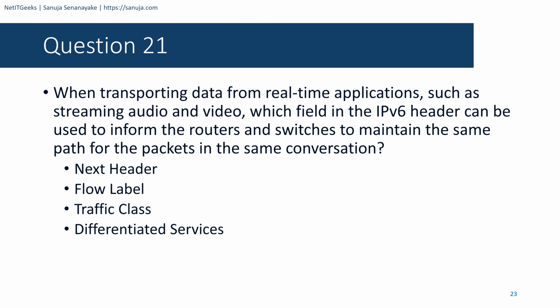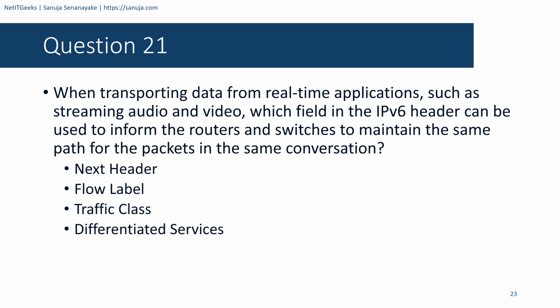Question number 21. When transporting data from real-time applications such as streaming audio and video, which field in the IPv6 header can be used to inform the routers and switches to maintain the same path for packets in the same conversation?